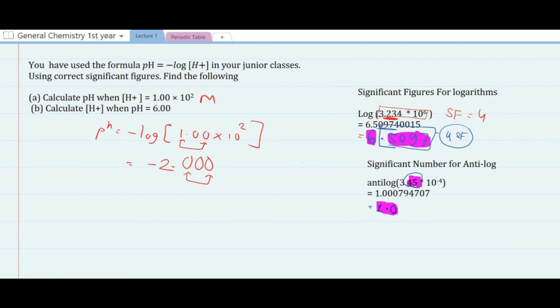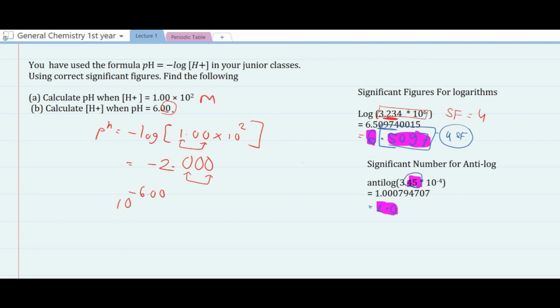Now when calculating the concentration, we should do the anti-log of this. For doing anti-log, we know that pH is equal to negative log of something, and when we do anti-log, it is 10 raised to the power. So we should do anti-log of negative 6, therefore it would be 6.00. When calculating anti-log, we should also consider the digits after the decimal point.